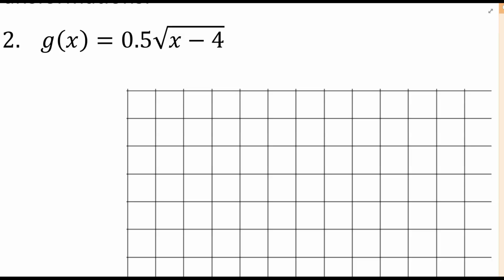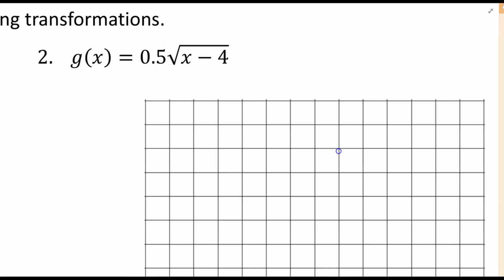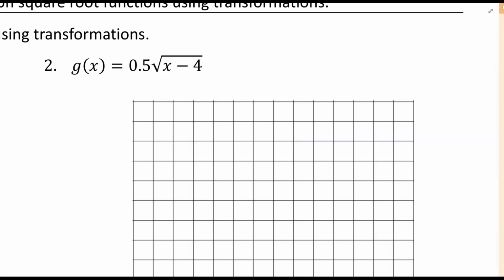Tell your group really quick what are A, H, and K. On a count of 3, tell me what A is: 3, 2, 1. 0.5, good. H: 3, 2, 1. Positive 4. And K: 3, 2, 1. 0. Awesome.